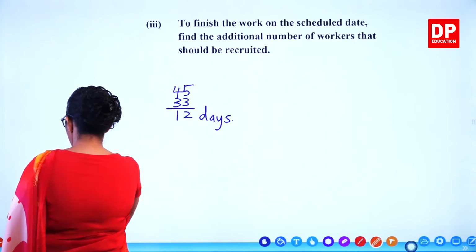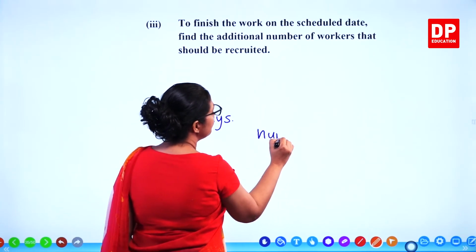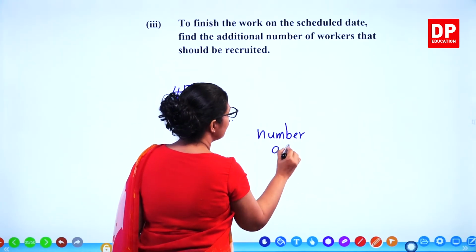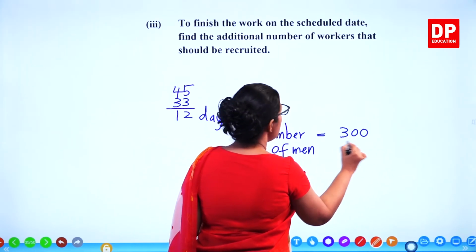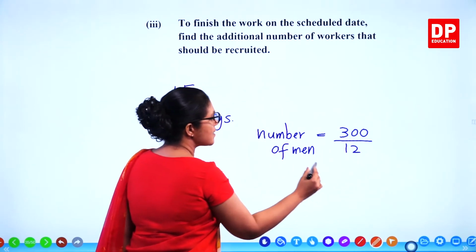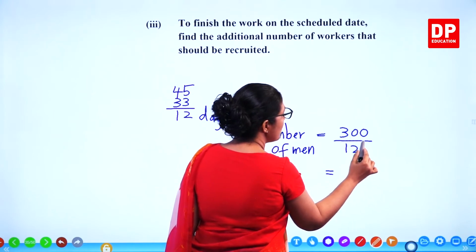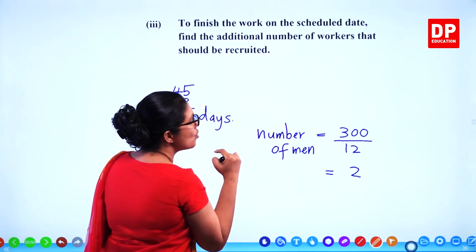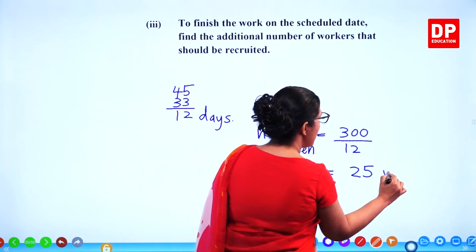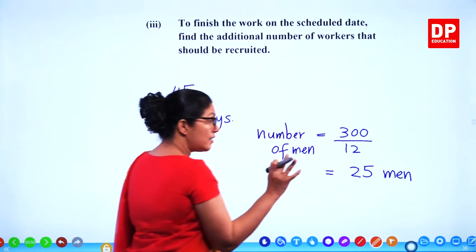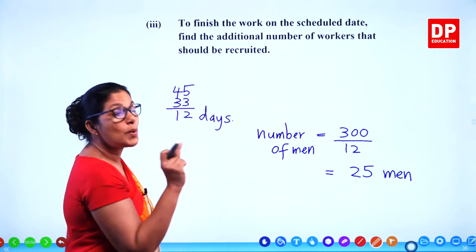So 300 man days. So number of men needed is total number of man days divided by number of days. So 12 times 2, 24, and 60, that's 5. 25 men needed to complete the work in the required days, but earlier 20 men were there.